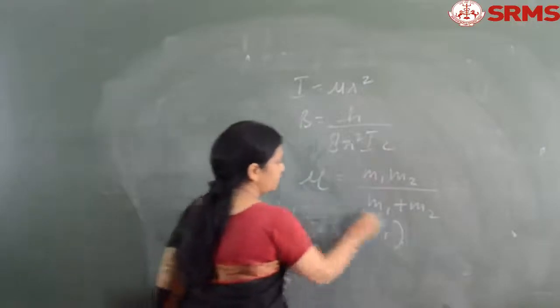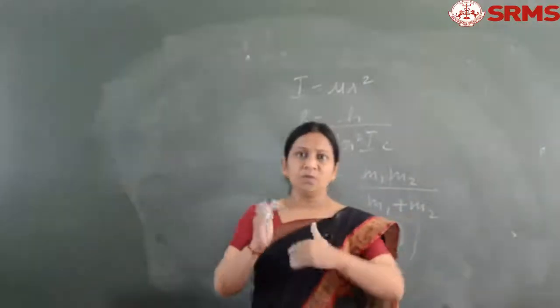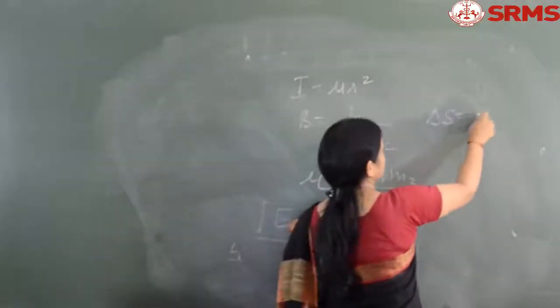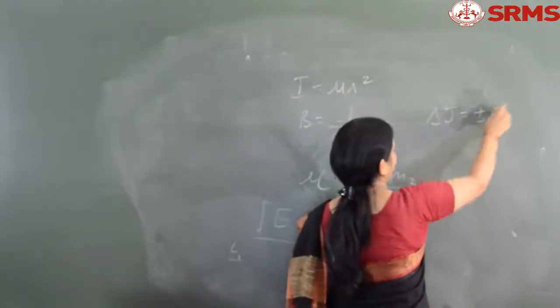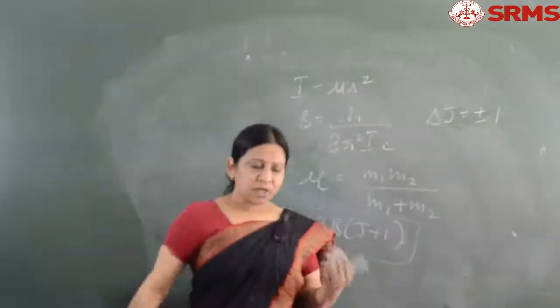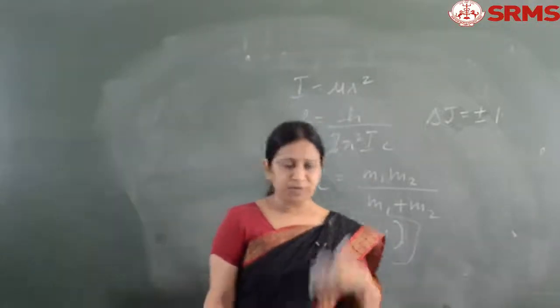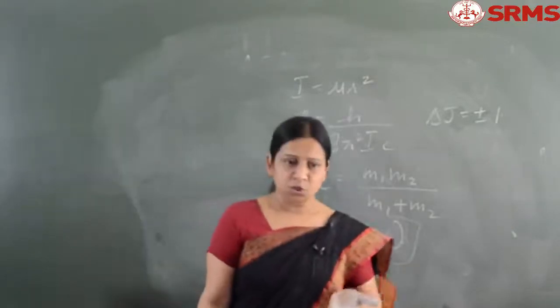This is a significant equation where 2B represents the spacing between two transitions. The selection rule was delta J equal to plus minus 1. So the molecule can move one energy level up or one energy level down. If moving up, that is absorption spectra. If moving down, that is emission spectra.